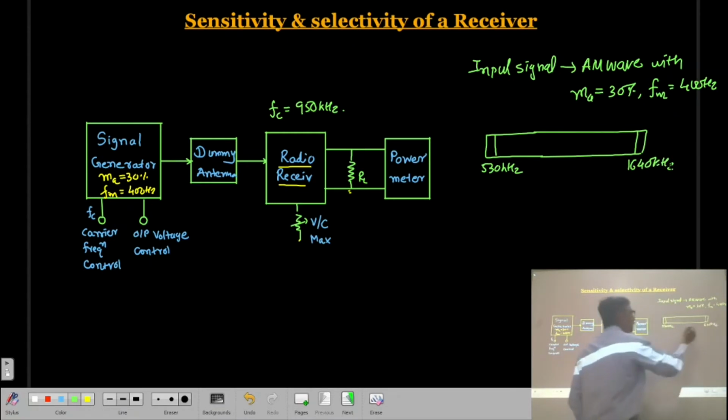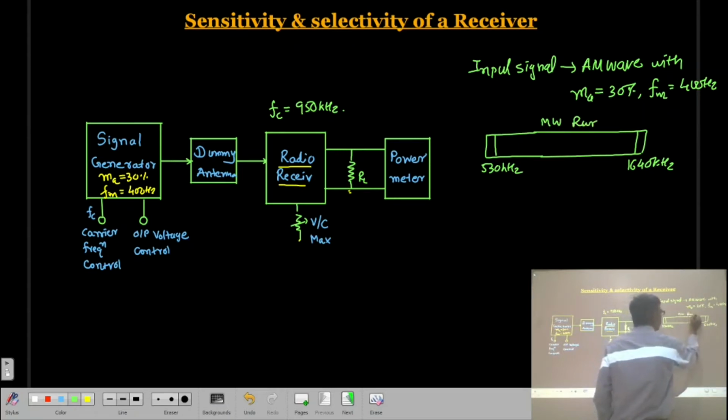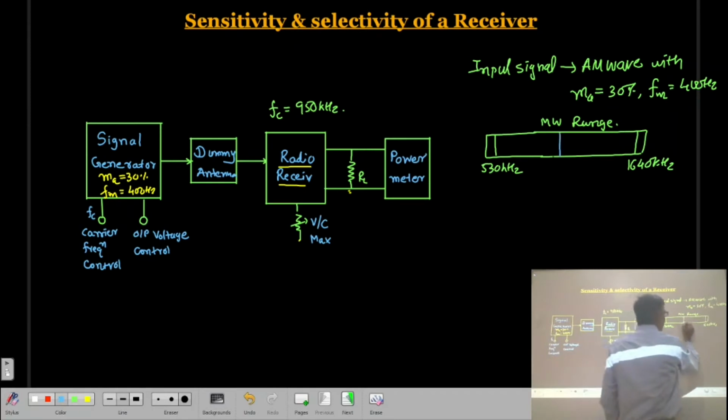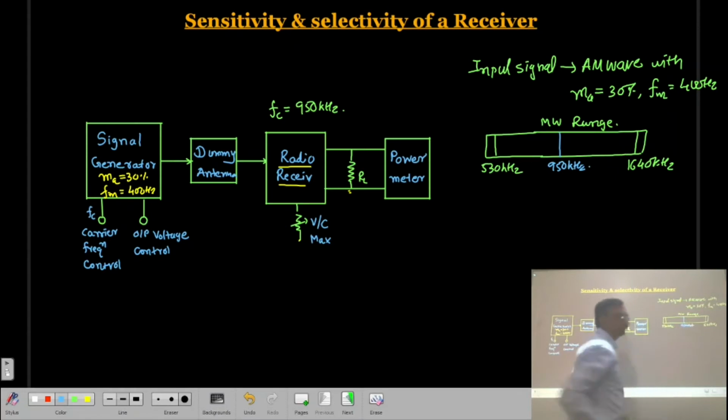So this is my medium wave range, and you have to find out the sensitivity for this range. Suppose I want to find out the sensitivity at 950 kilohertz. Therefore, we have to tune the radio at 950 kilohertz.